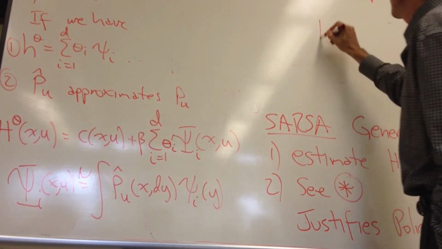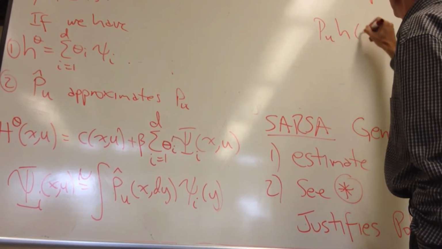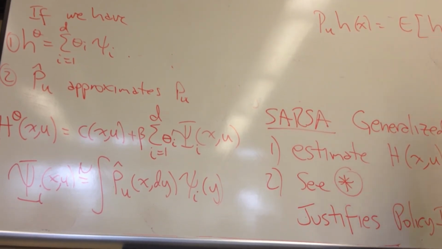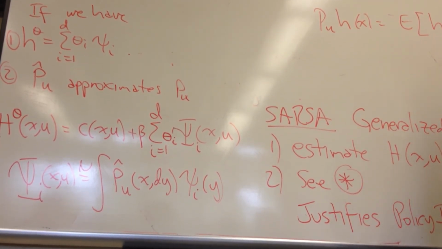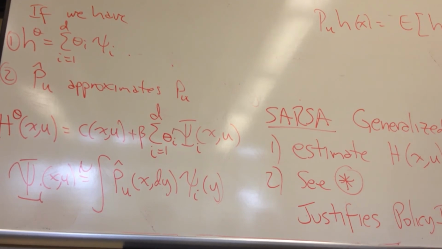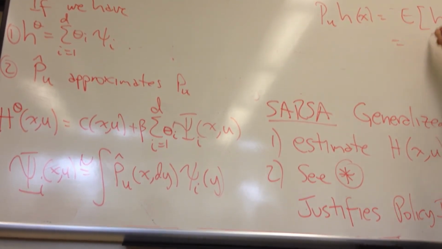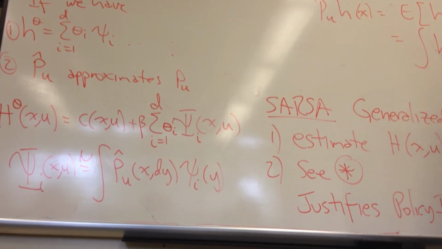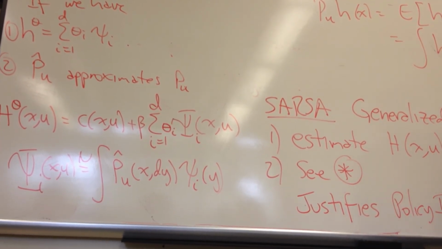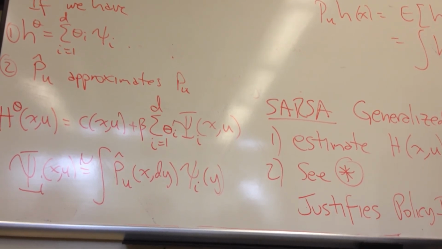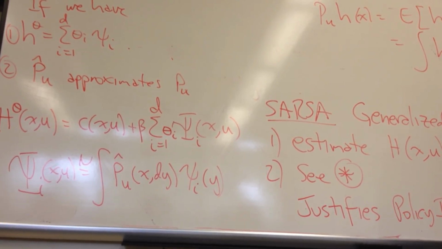If I wanted to find P_U H of X, that's an integral. That's equal to an integral of H of X minus U plus A, maybe with a density piece of A, dA.